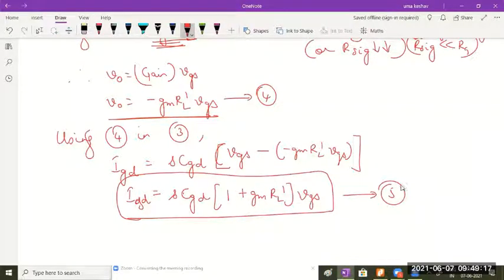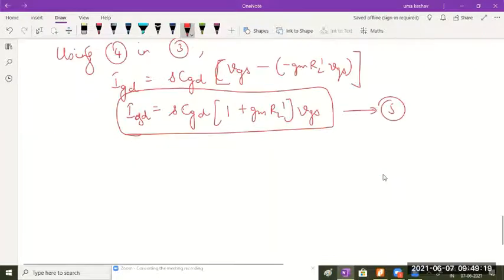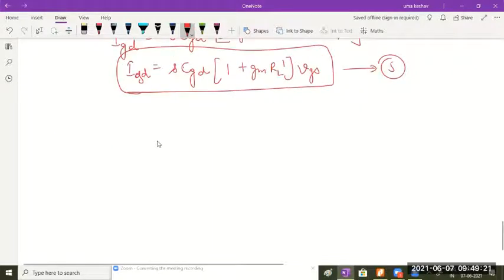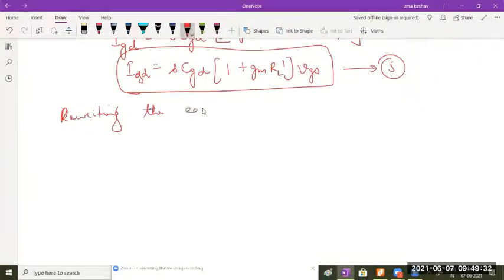Now, can I rewrite the equivalent circuit as follows? We have the small signal equivalent circuit here.